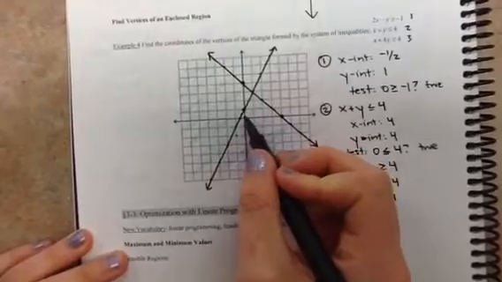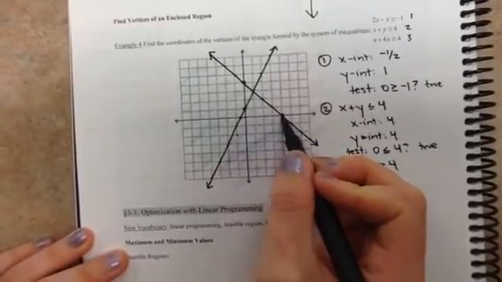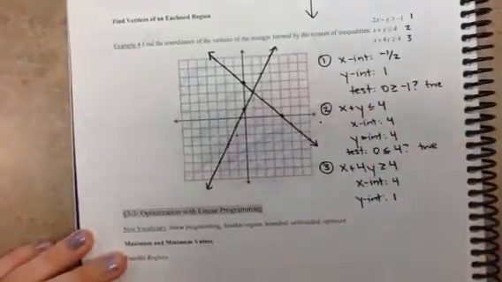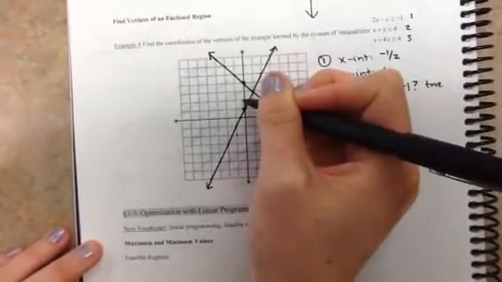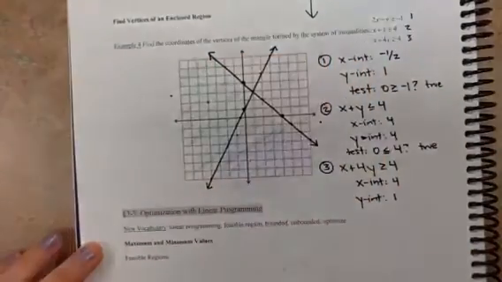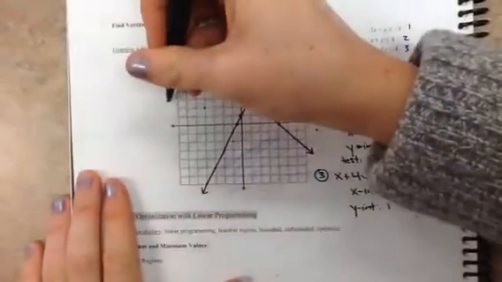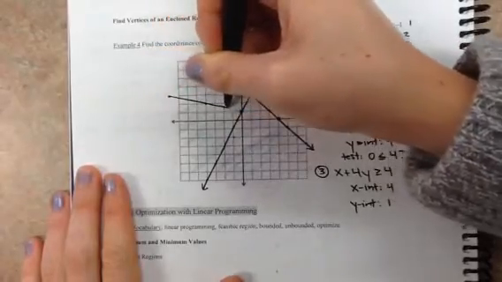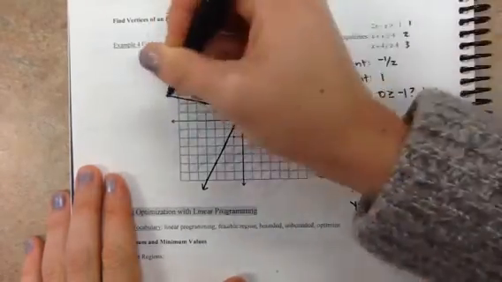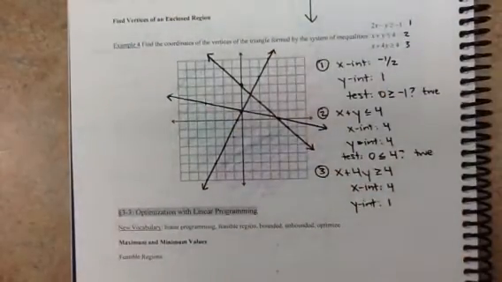For my slope, I go down 1 to the right 4, so I can carry that on. Down 1 to the right 4 would take me right there. I can also reverse it and go up 1 to the left 4, up 1 to the left 4. So connect those dots. Super, super important to be accurate, because now I can see exactly where all the intersections happen.